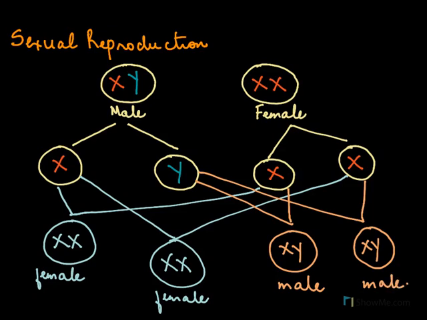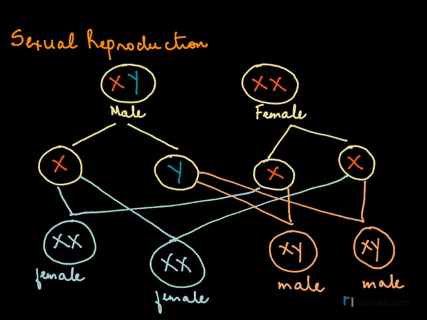So if you were to observe this very carefully, you would have observed that when this X chromosome fertilizes the egg, you will get a female.